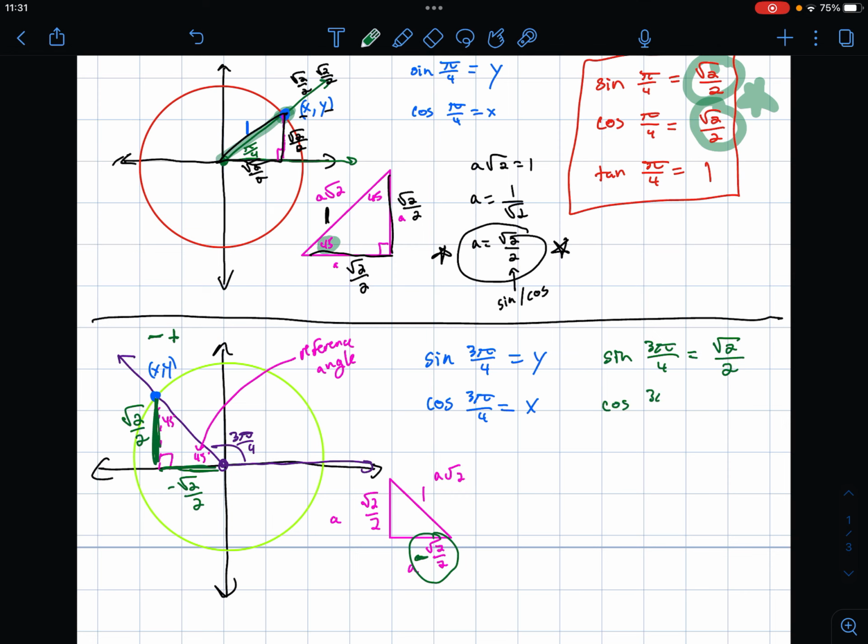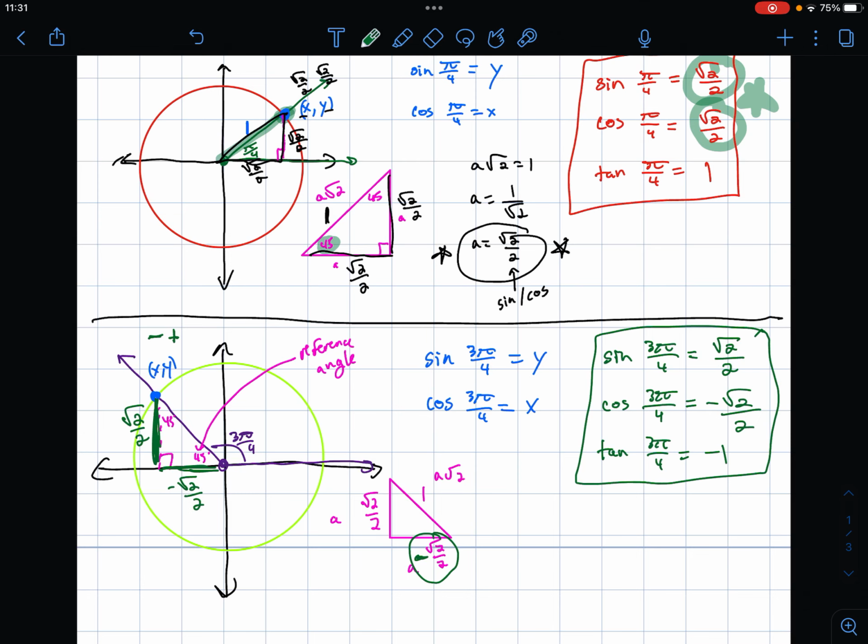But cosine of 3 pi over 4 is going to be negative square root 2 over 2. And then tangent of 3 pi over 4 is going to just be negative 1. So we get this same set of ratios, but depending on the quadrant that our actual angle is in, we get different negatives and positives.